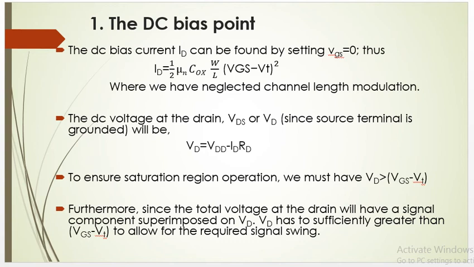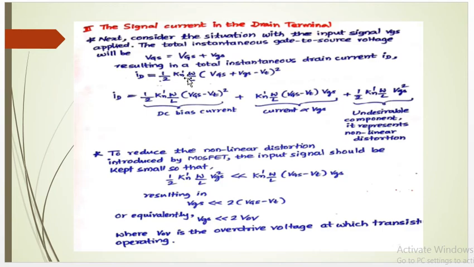So in place of VGS we are now writing the DC as well as the AC component, so (VGS plus vgs minus Vt) squared. It is the same saturation current equation, only we are writing it to calculate the instantaneous drain current.